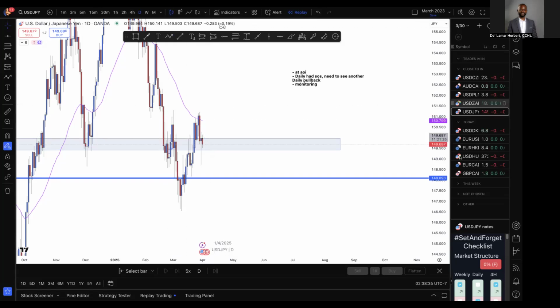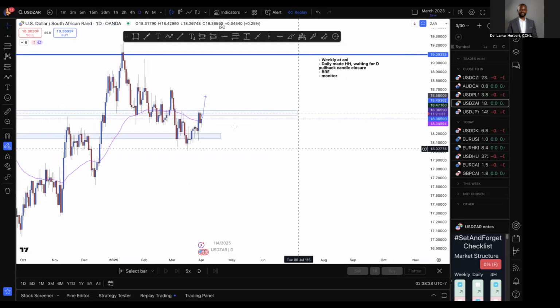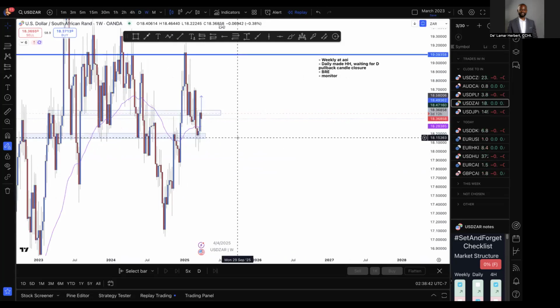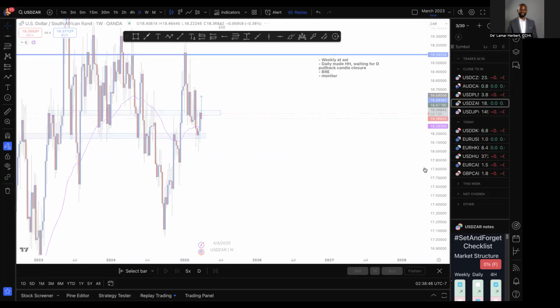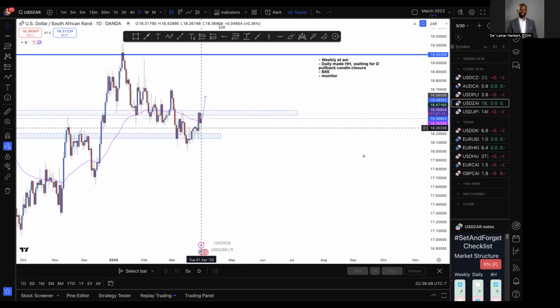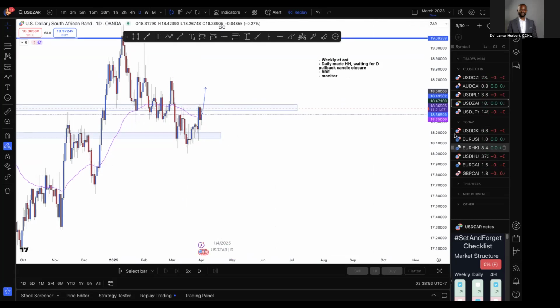Okay. USD ZAR. We had a pullback of the weekly. And so currently, daily is bullish.